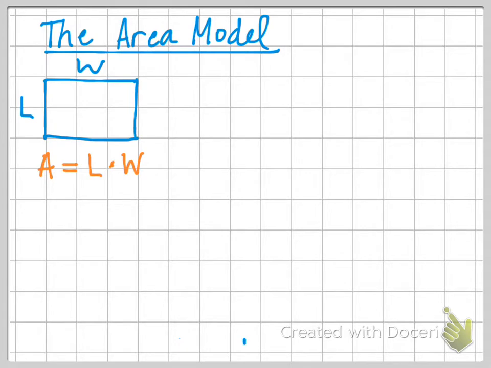So the first one we'll look at is just the basic form of the distributive property, which says A times B plus C. Now you'll notice this is in fact a multiplication problem. I have whatever A is, some number, times B plus C, which could be some other number. So we can think of this as a length times a width.